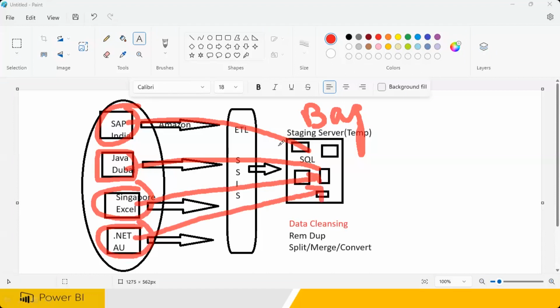All of them, where are you keeping? In your bag. What is your bag? Temporary storage. It could be a polythene bag or some bag you maintain. So this is what is called staging. After that, what do you do? You come home, you open the bag, and you clean. All the tomatoes, you clean them again.